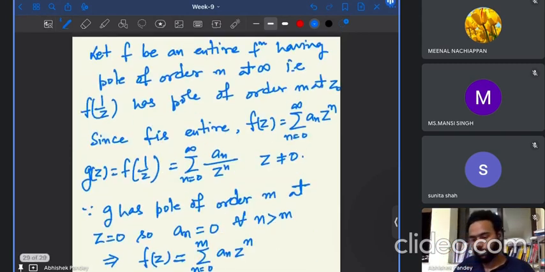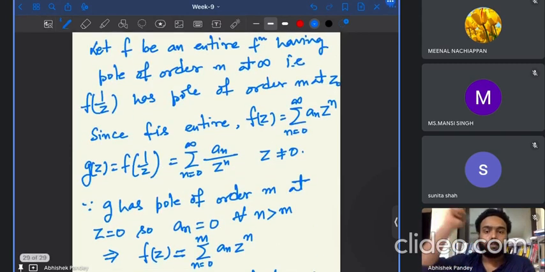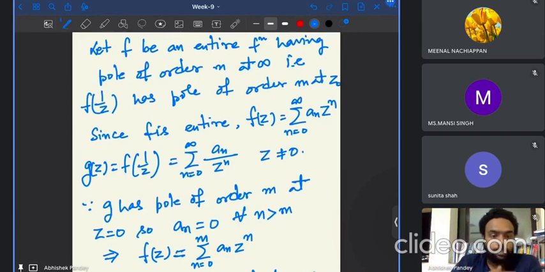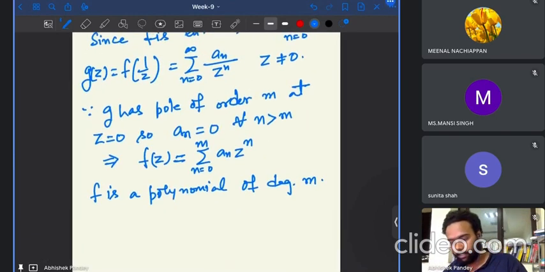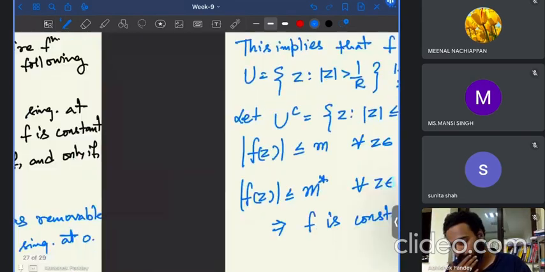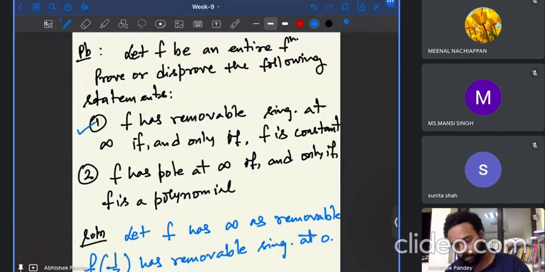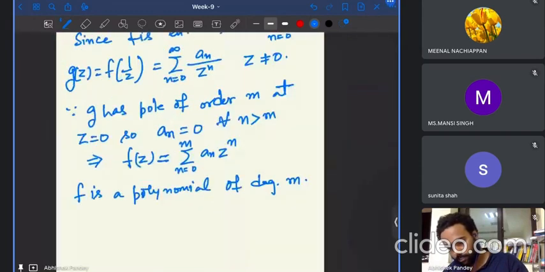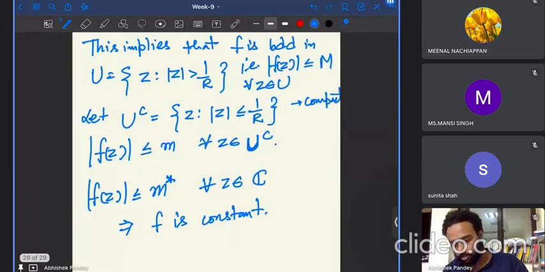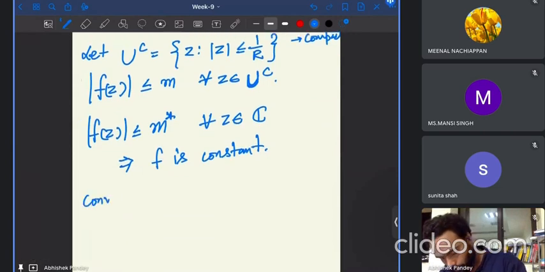So if an entire function has a removable singularity at infinity, it is constant, and if it has a pole of order m at infinity, it is a polynomial of degree m. This is an if and only if statement, so the converse is quite easy. Here also you can take the converse. If f is constant, then obviously it has a removable singularity at infinity. So the converse is trivial in this case.